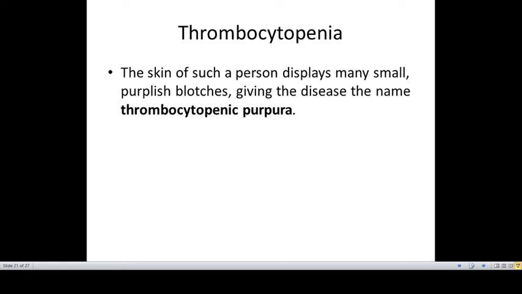The skin of such a person displays many small purplish blotches, giving the disease the name thrombocytopenic purpura.